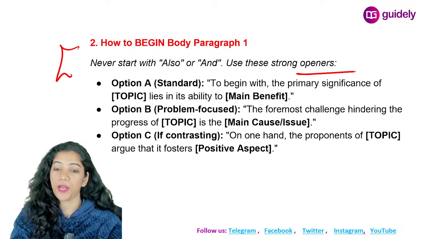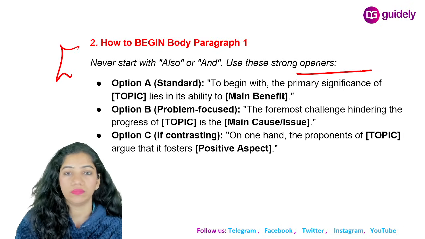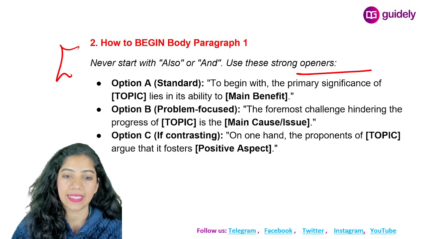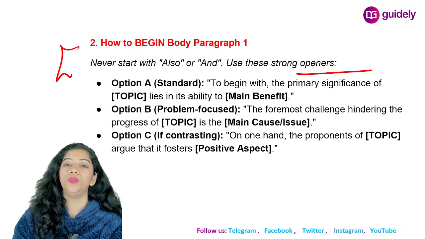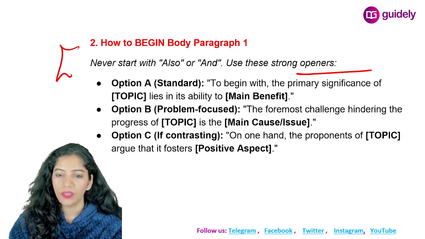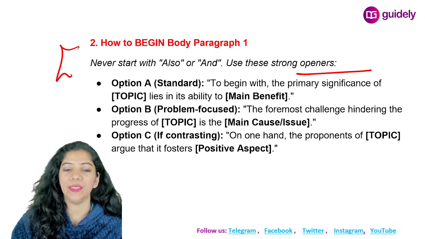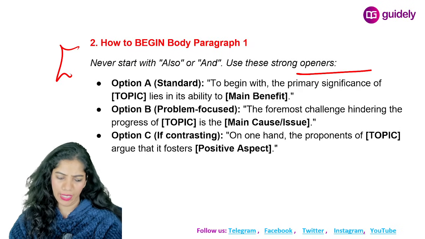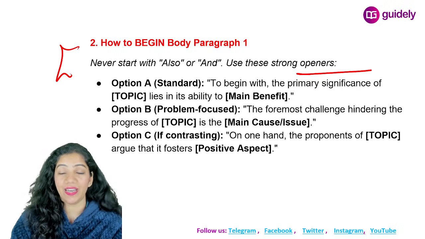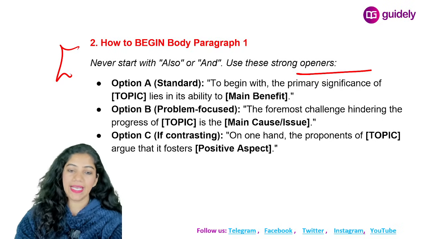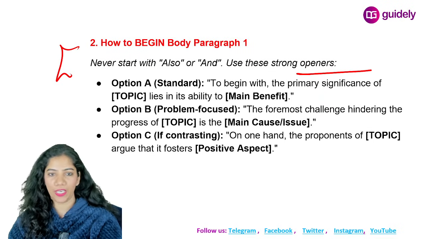To begin with, the primary significance of green energy lies in its ability to, the main benefit. Option number B, if it is a problem focused one. The foremost challenge hindering the progress of ग्रीन एनर्जी को अपनाने की is the, and then present the main cause.